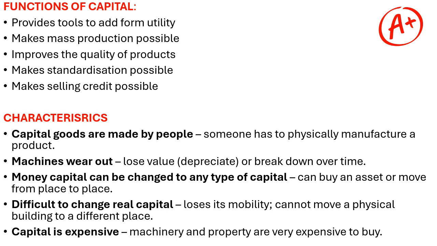So what are the characteristics of the capital? Guys, one, capital goods. And we said, what are the capital goods? The capital goods are the goods that are used to make other goods. Capital goods are made by people. So someone has to physically manufacture a capital good in order for it to be available. For example, if you need a stove to bake cakes, the goods and services that you want to produce are the cakes.